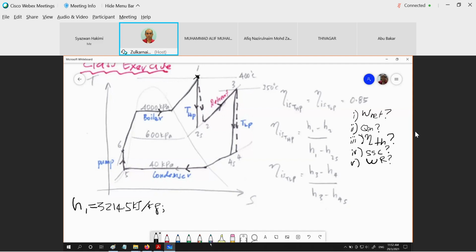Because you know that S1 is equal to S2S. So when you are getting H1 in this type of expansion process, then you need S2S, because you are going to use S2S and P of 600 kPa to determine H2S. So right now, you need the S1, which is equal to S2S. What is the value?